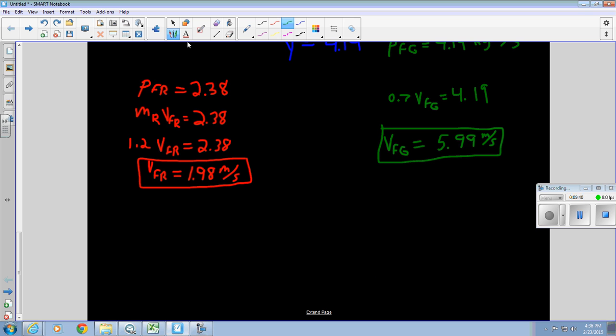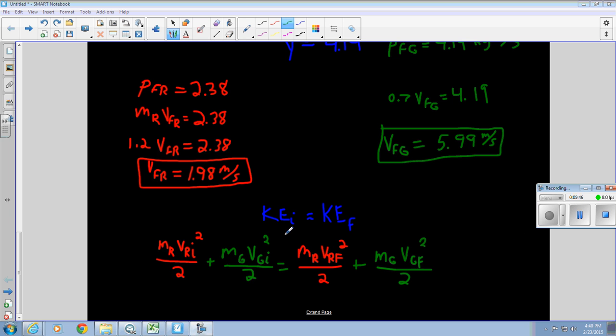Doing that would look like this. So we only have to deal with the kinetic energies because we're assuming that the potential energies cancel out because these things are acting at the same height. So expanding the initial kinetic energy, we've got the mass of the red ball times the velocity of the red ball initial squared all over 2, plus mass of the green ball times velocity of the green ball initial squared over 2.